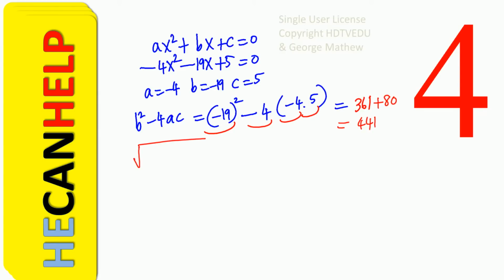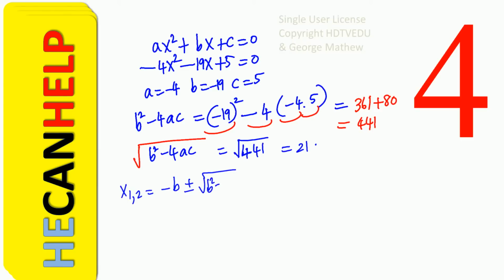What is square root of b squared minus 4ac? 441. And that is 21. So our solutions are x1, 2 is negative b plus or minus square root of b squared minus 4ac, the whole thing divided by 2a. We already know what square root of b squared minus 4ac is, 21.